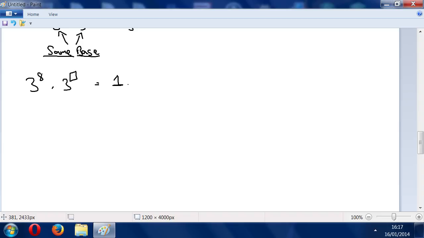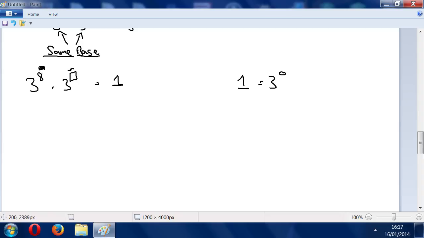So we know for a fact that we know what 1 is in terms of the same base. We know that 1 is 3 to the 0, don't we? And we also know that if we add up m here, this is basically like m, and this is like n.